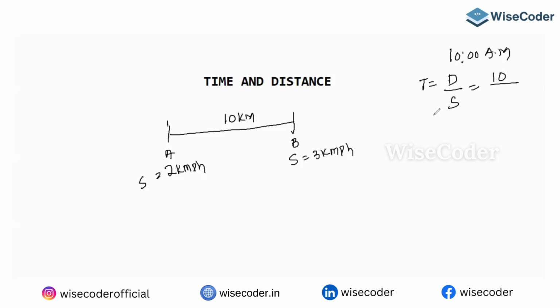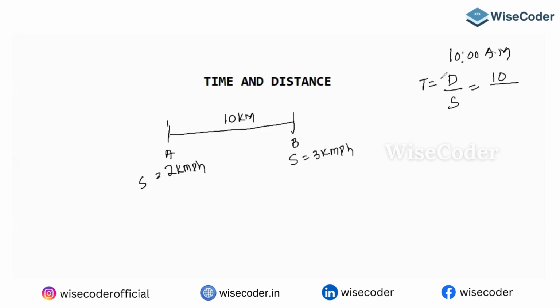Guys, this is where you need to understand: when you come across the speed, how many speeds do you have? You have two speeds. Then which speed are you going to take? Yeah, that is the point. So then average speed will come into the picture.